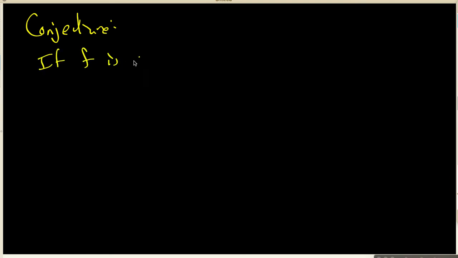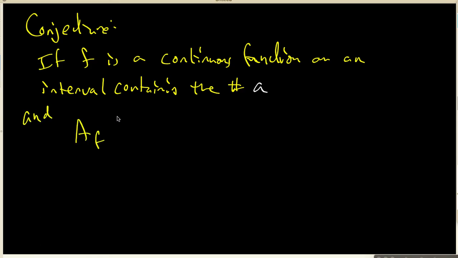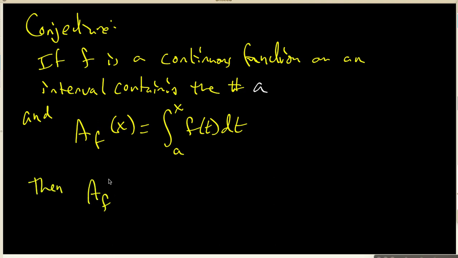If f is a continuous function on an interval containing the number a, and we define the area accumulation function to be the definite integral from a to x of f of t dt, then the derivative of that area accumulation function just happens to be f of x. We'll look at the proof of this particular conjecture in the next video.